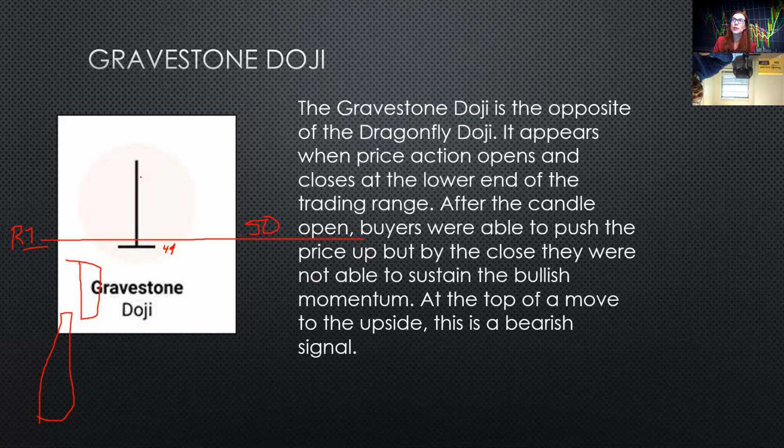So the gravestone doji will show you the reversal in the other manner, right? So you are coming up all of a sudden, and especially if we have the high volume candlestick here. Then all of a sudden, usually as it's going up, actually I should make this one lower.